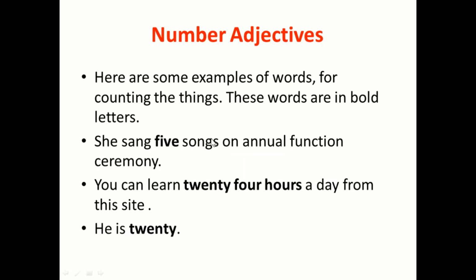Songs is the noun, 5 is the number specifying or modifying it. You can learn 24 hours a day from this site. 24 hours modifying a day. He is 20. 20 modifying this pronoun, he.